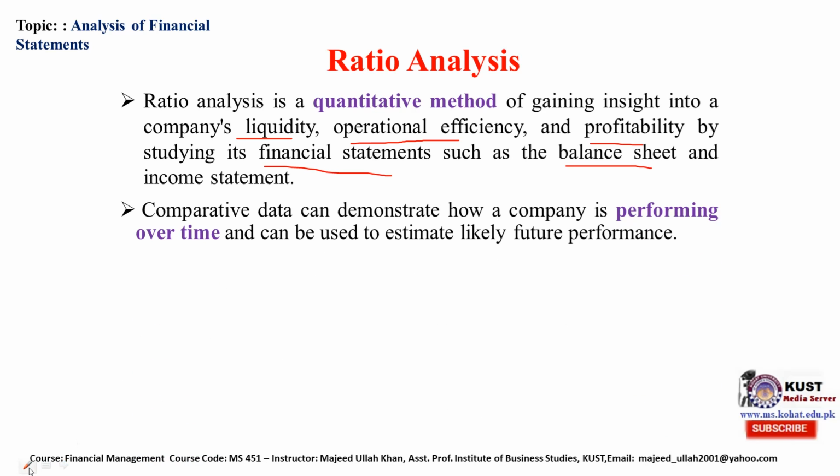Now, when you calculate these ratios, analysts also use comparative data to see how the company is performing over time. This can be used to estimate likely future performance. For example, let's suppose there is one ratio which we call the current ratio, and you analyze it from 2005 to 2020.